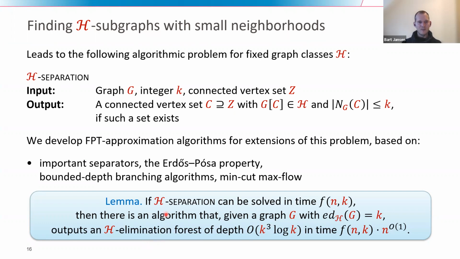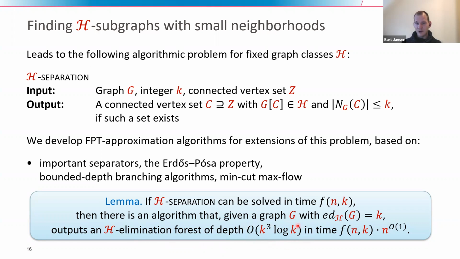If you have an algorithm that solves this H separation problem in a certain running time that depends on n and k, it might be a polynomial in n and an exponential in k, and that happens most of the time. It might also just be a polynomial in n and k. If you manage, then you can black box translate this into an algorithm where you give it a graph G that has a certain elimination distance to your target family of k, and it outputs an H elimination forest whose depth is on the order of k cubed log k.